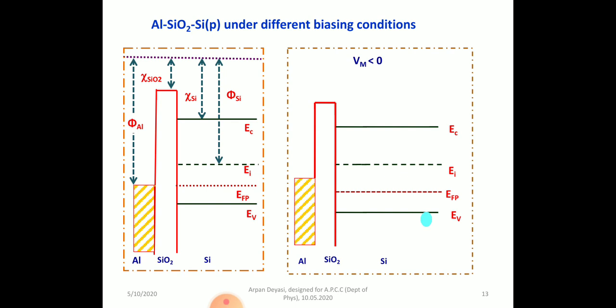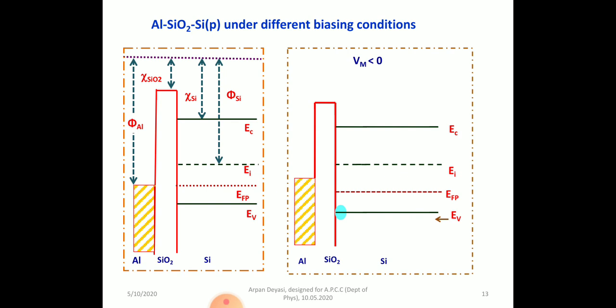So consider a hole in the valence band. Now you are applying a force to it by virtue of the bias. So if you push that, the hole can maximum go to the oxide semiconductor interface because it can't penetrate the oxide layer.